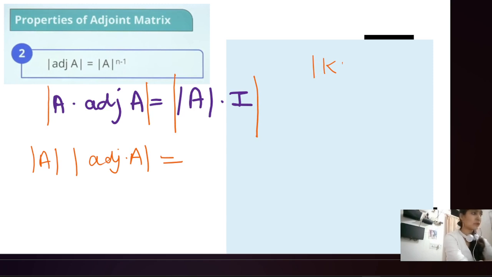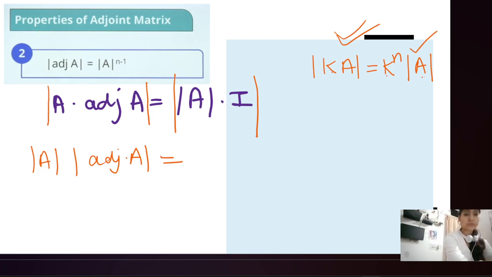See, determinant of kA is equal to k to the power n times determinant of A. This property I discussed in the fourth lecture. So why is it happening? This k will come out. This k is the constant quantity. So when this k comes out, it always comes with the power of the order of A.